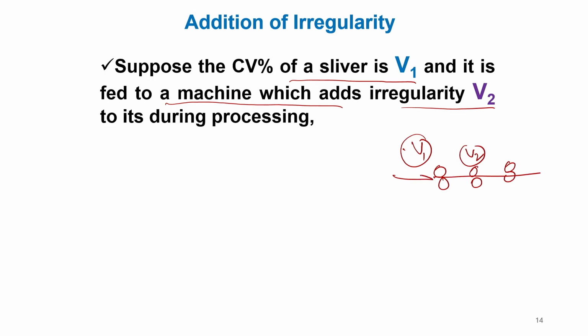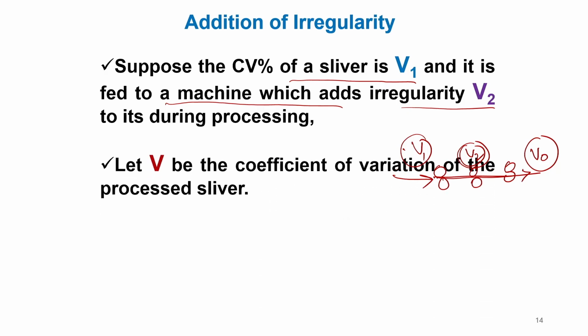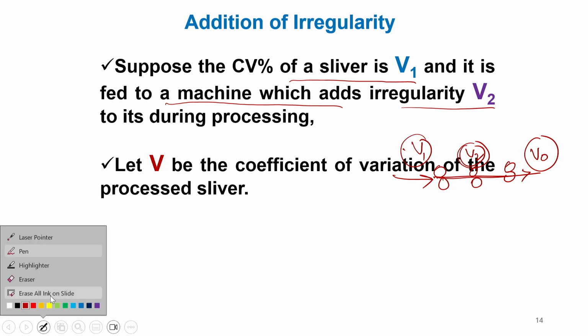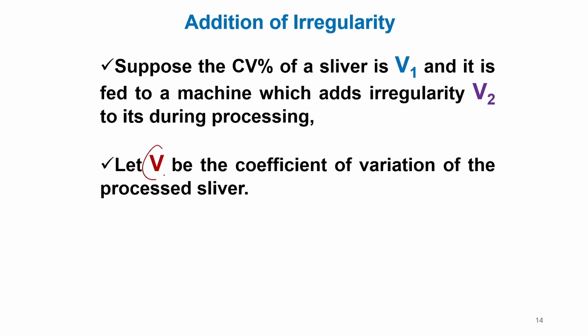V is the output of this machine, so V is the coefficient of variation of the processed sliver.